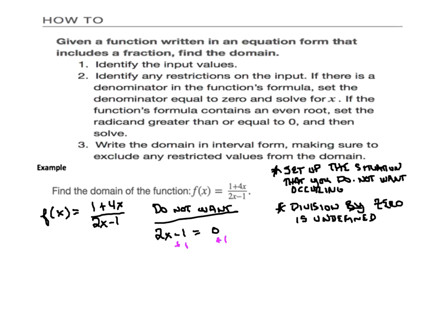So to solve this is a simple linear equation. I add 1 to both sides, and now I have 2x equals 1, and then I'm going to divide both sides by 2, and I get x is 1/2.